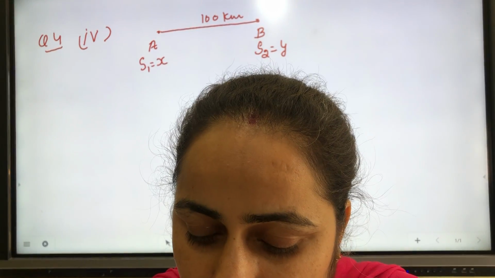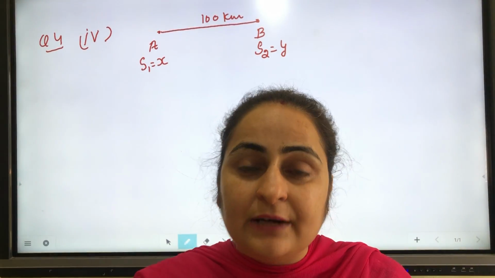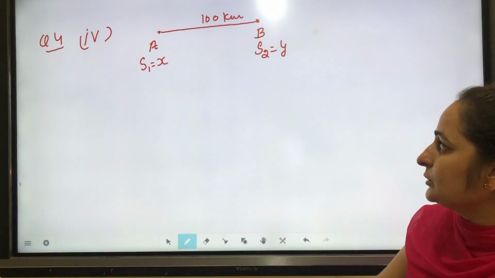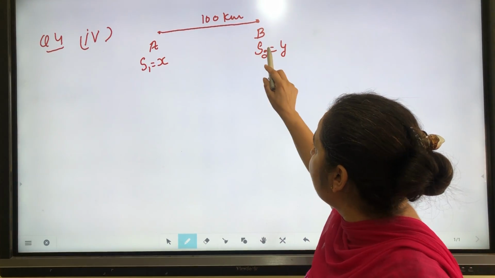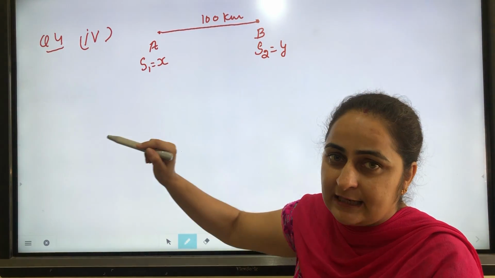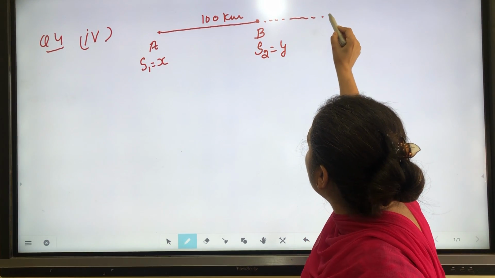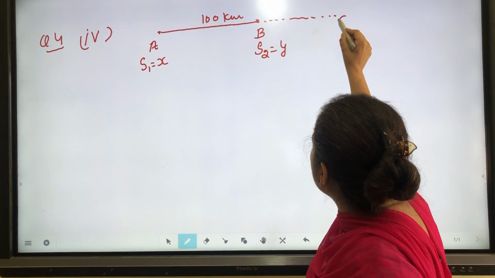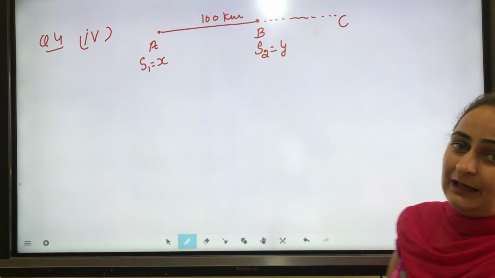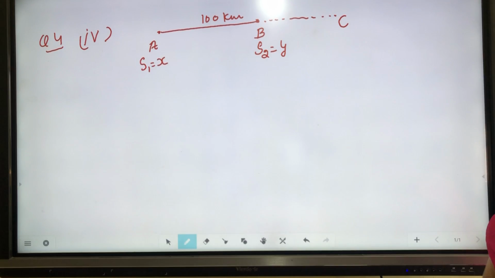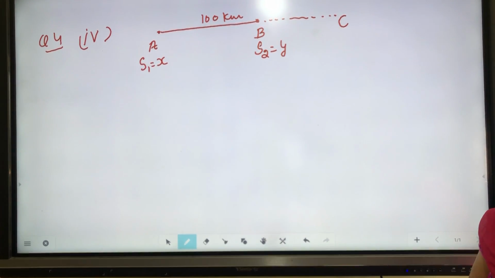If the cars travel in the same direction at different speeds, they meet in 5 hours. Suppose both cars start from A and B at the same time, and after 5 hours both cars meet at point C. And the time they take to reach point C is 5 hours.